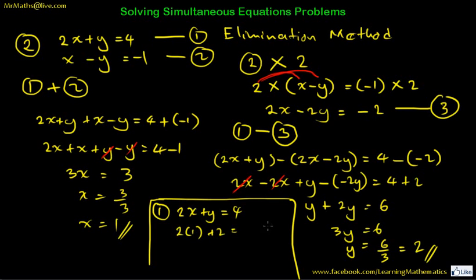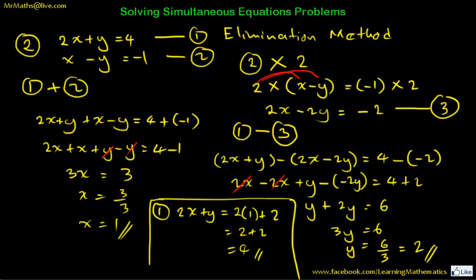Right side of the equation, let's just keep it empty. So 2x plus y: x is 1, y is 2. So this is 2 plus 2, which is 4. So it is consistent with equation 1.